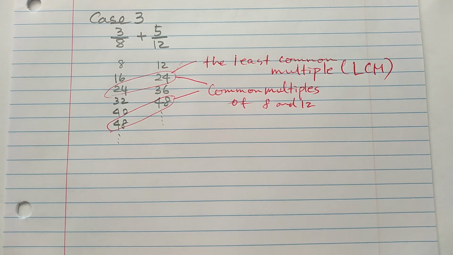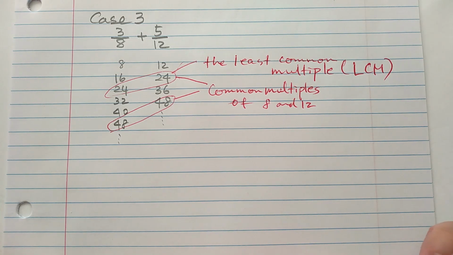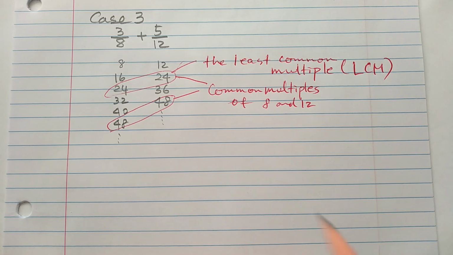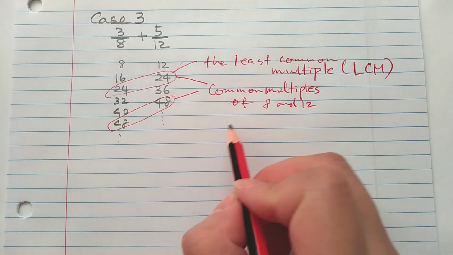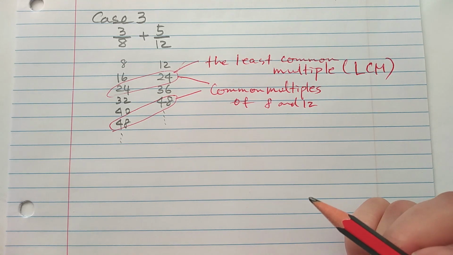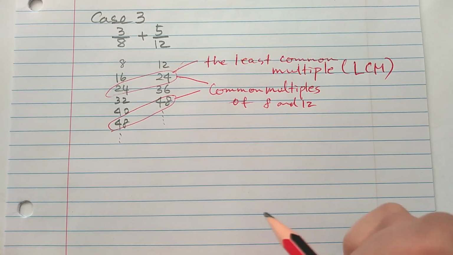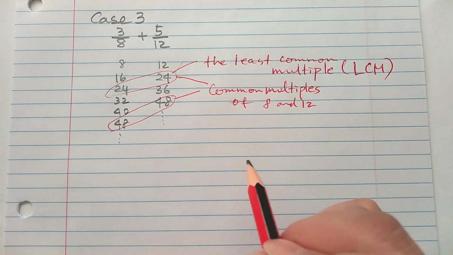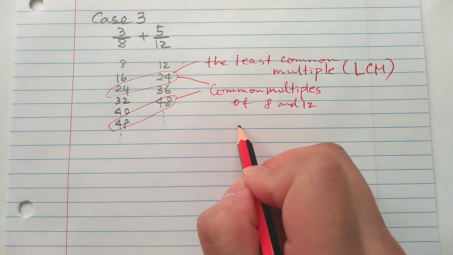So is there an easier way to find the least common multiple? Yes. Remember the upside down division form in the greatest common factor video? If you don't remember that, go back to the video about greatest common factor and you can review it there.